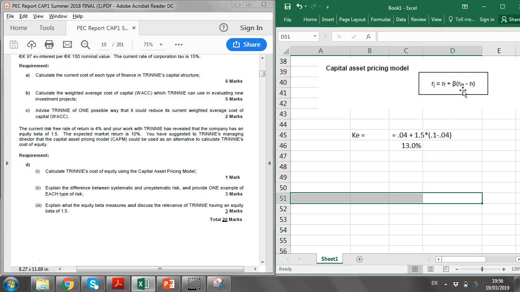Part 2 then asks you the difference between systematic and unsystematic risk, and one example of each. So unsystematic risk is known as specific risk. So unsystematic is specific to the particular company you're looking at. So an example could be that the managing director gets fired, that the company has a fire in a warehouse, or that it has some operational issue that causes a big issue such as a strike or industrial relations.